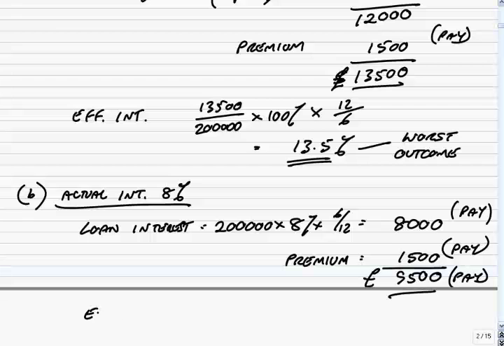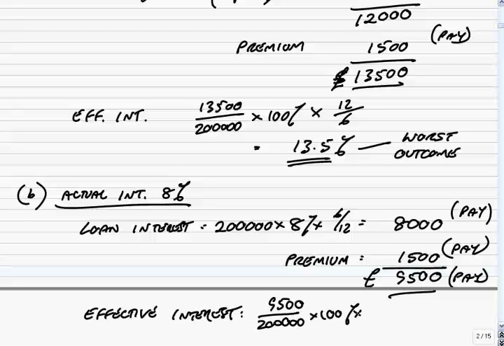And the effective interest: we've paid 9,500 on a loan of 200,000. It was for a 6-month period. Gross it up to a year, and we've ended up paying, well, 9.5%.